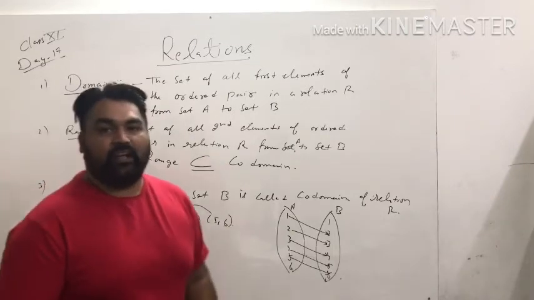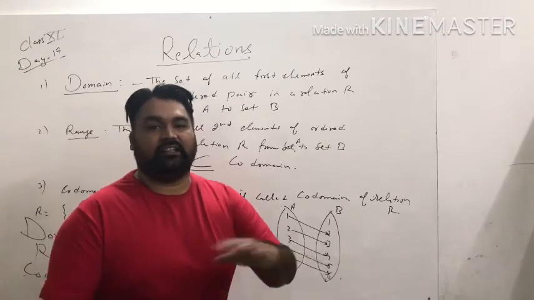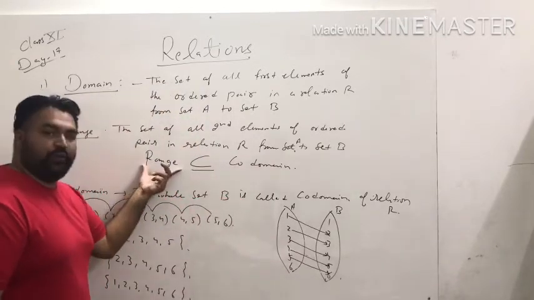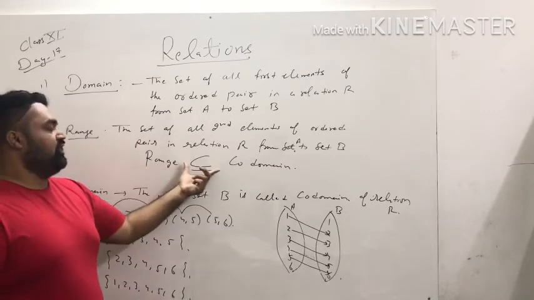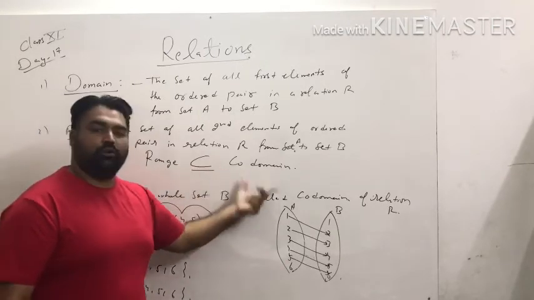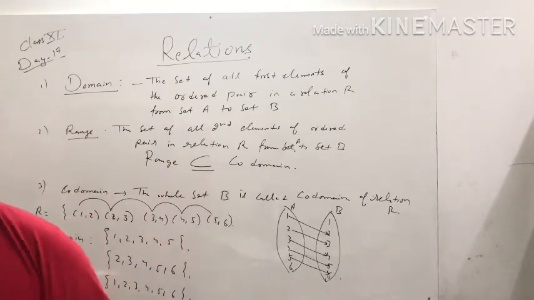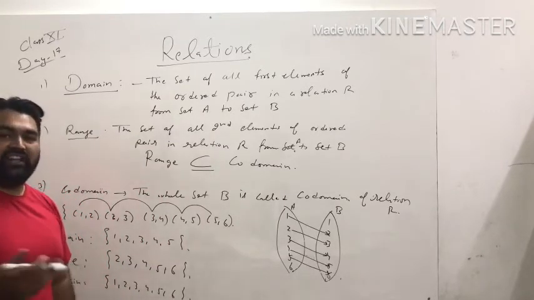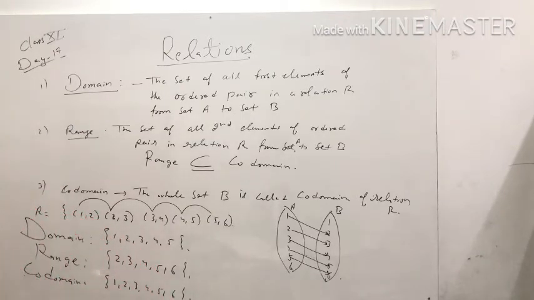What is a subset? When all the elements of one set are in another set. So the range is a subset of or equal to codomain. This is the concept of domain, range and codomain. Now we shift to the next question.